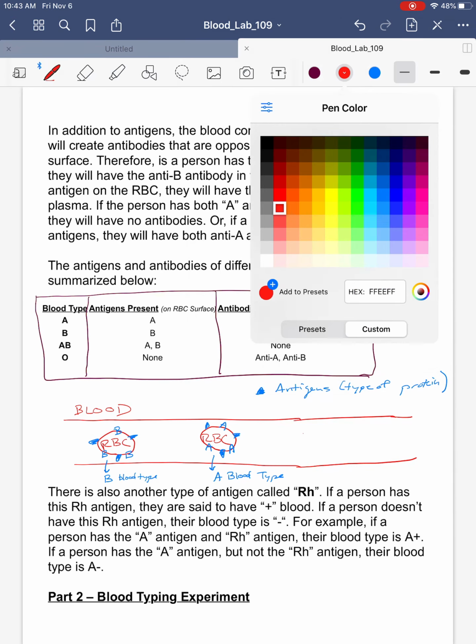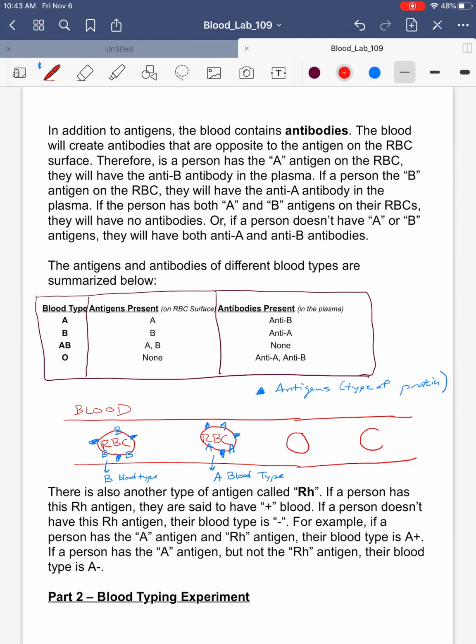Okay, so here we have more red blood cells. Well, let's say that a red blood cell has both A antigens and B antigens. If it has both A and B antigens, that person is the AB blood type. But what if a person has no antigens? Because that happens. If there are no antigens present, that person is an O blood type.